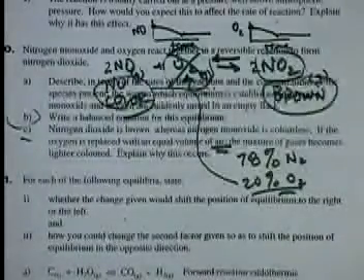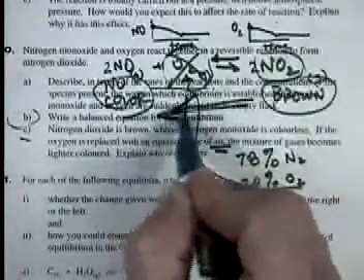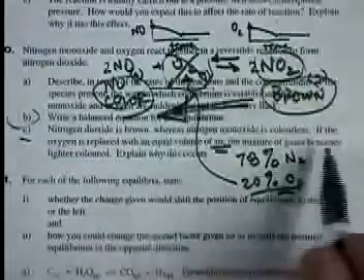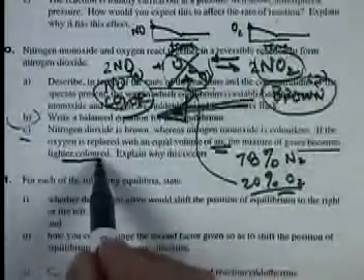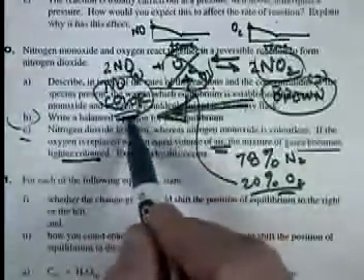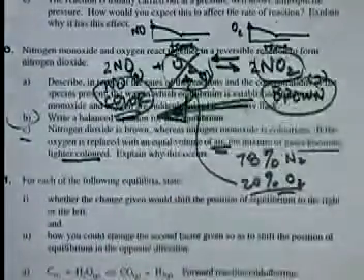Since we removed some of the oxygen, Le Chatelier's principle says that it should shift to adjust to that stress. And so the reaction should shift to the left. Why does the gas become lighter colored? Well, because more of it became NO. And remember, NO has no color, and NO2 is brown.